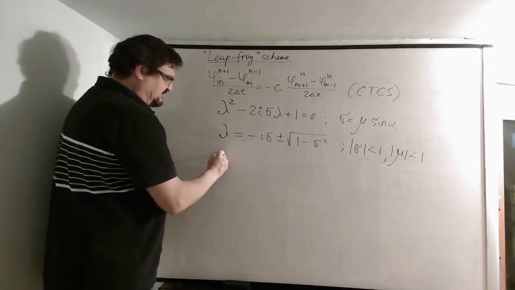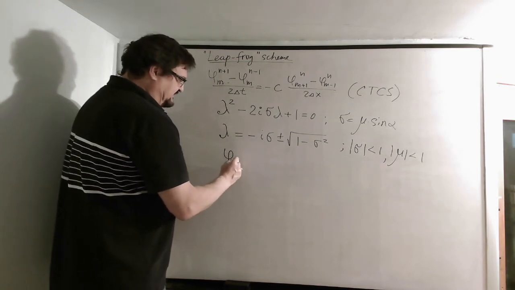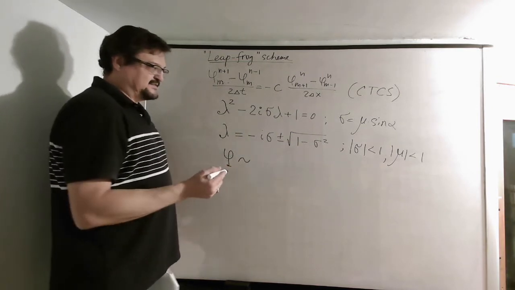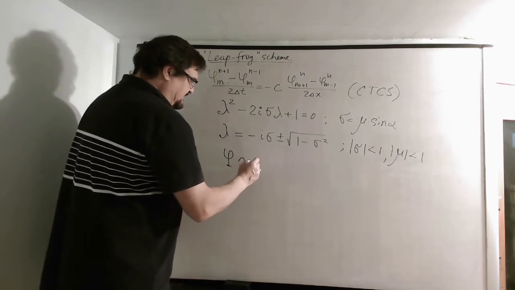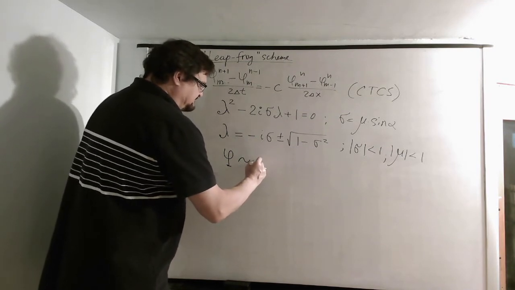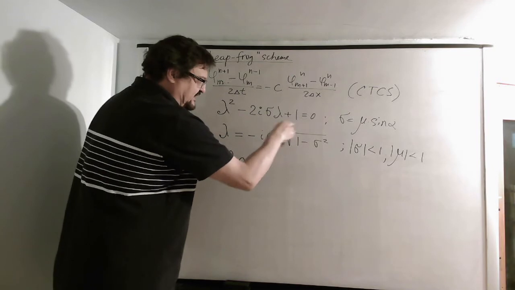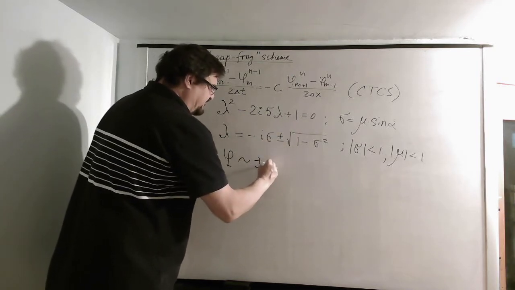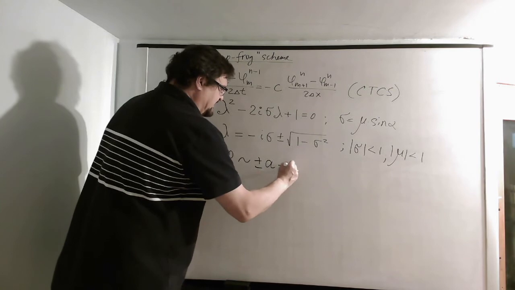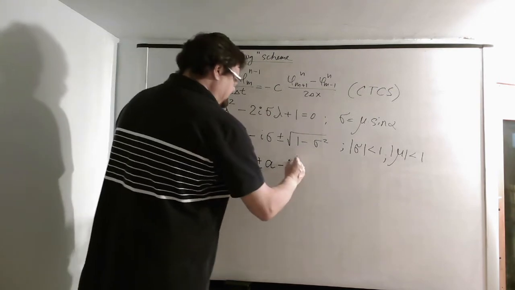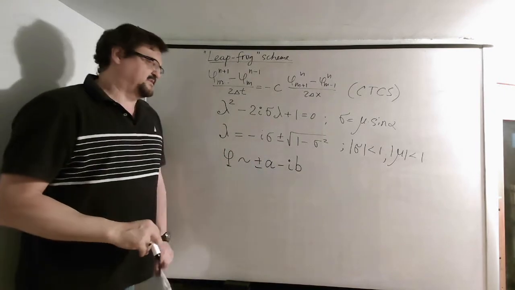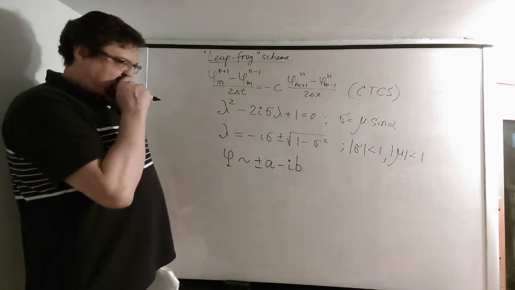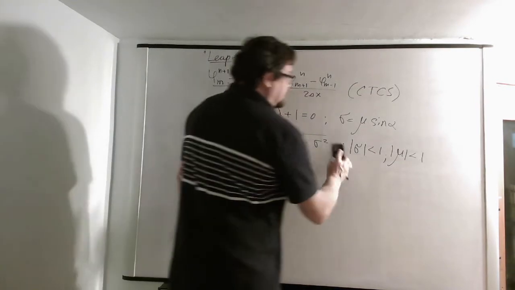You have a solution that is just proportional to two complex numbers, lambdas. This one is a real number, so it's plus minus some real number A plus or minus i B. So you have two complex numbers here. How do they look on our complex plane?